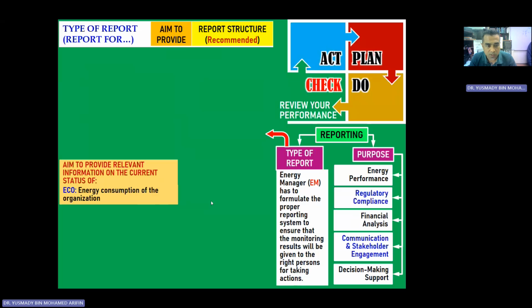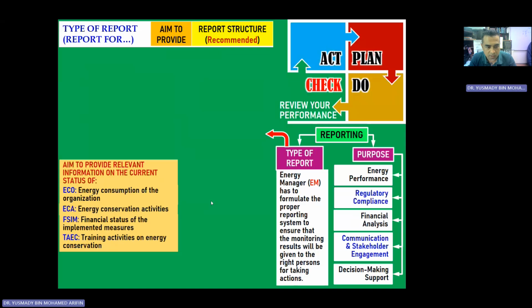So we have a number of aims such as ECO, which stands for energy consumption of the organization, ECA for energy conservation activities, FSIM for financial status of the implemented measures, TAEC for training activities on energy conservation, PS for purchasing status of each energy conservation measure, and ECMS for energy conservation measures.